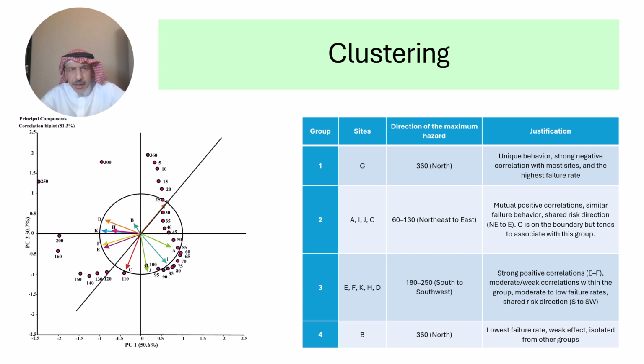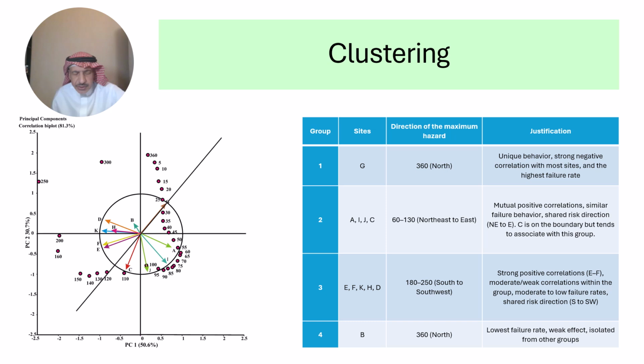The study area was classified into 4 classes using a biplot, an extension of principal component analysis. Class 1 includes site G, with the direction of maximum hazard at north. The second class includes sites A, I, J, and C, with the direction of maximum hazard at northeast to east.